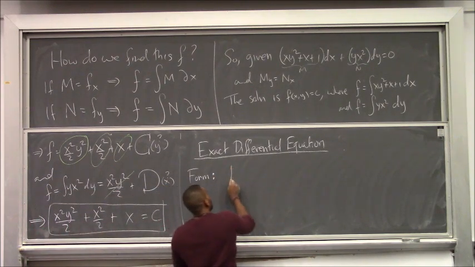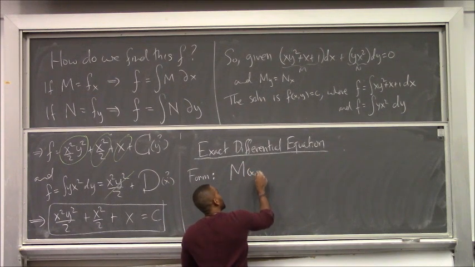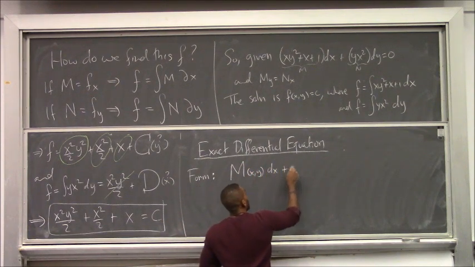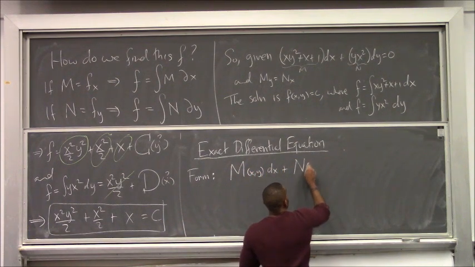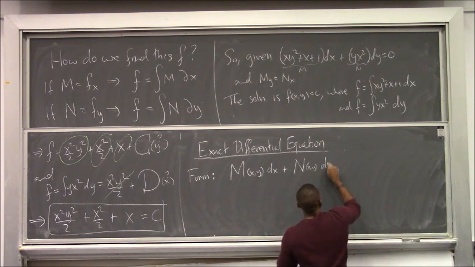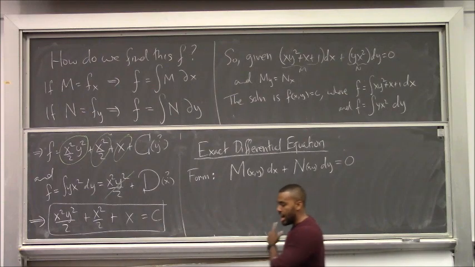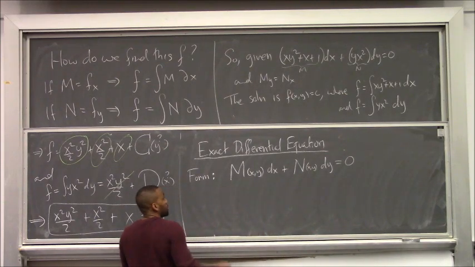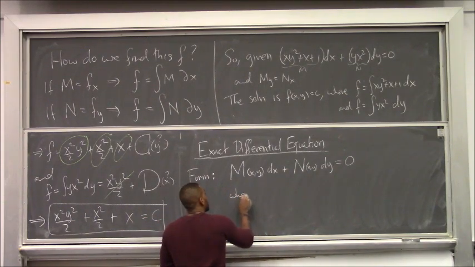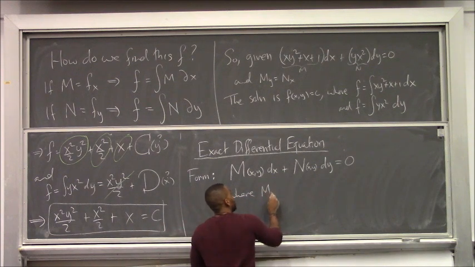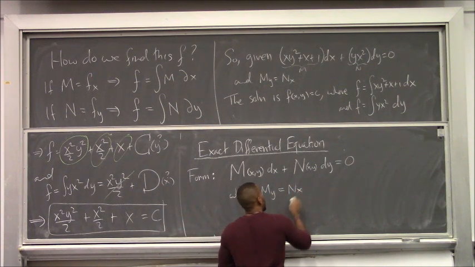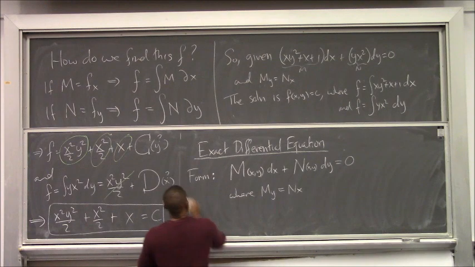Well, it's going to be some function M times dx plus some other function N times dy equals 0. If you can rearrange your differential equation to have that form, where the partial of M with respect to y is equal to the partial of N with respect to x, that's the form.